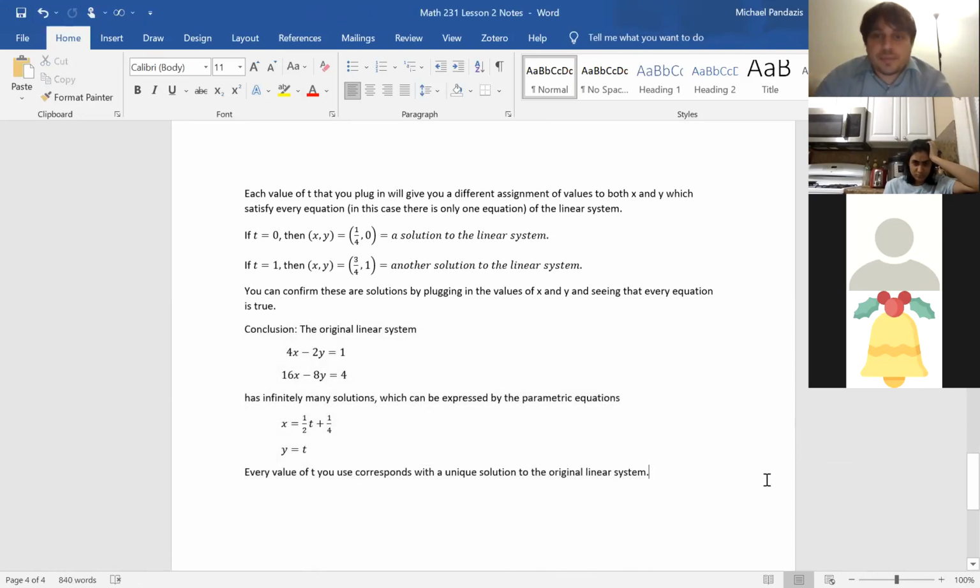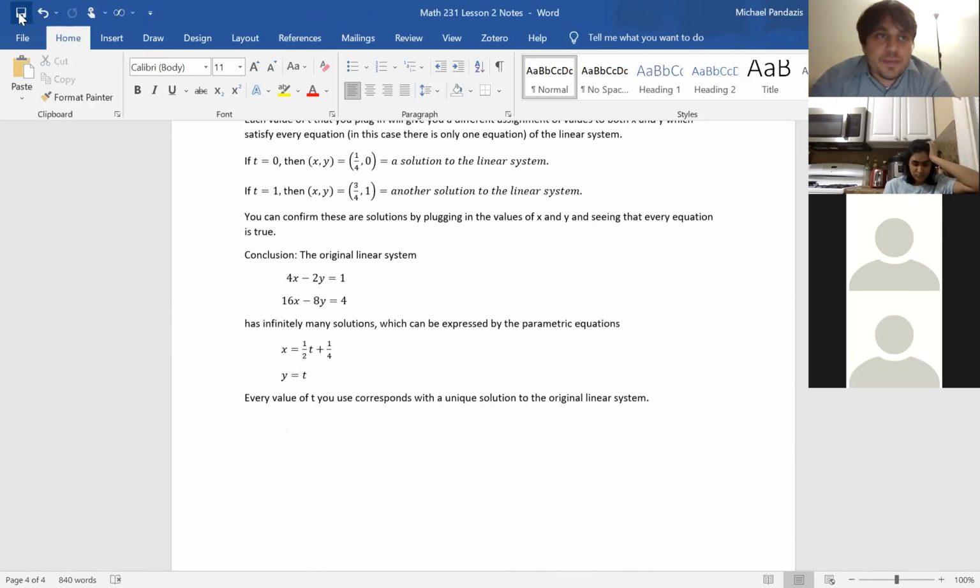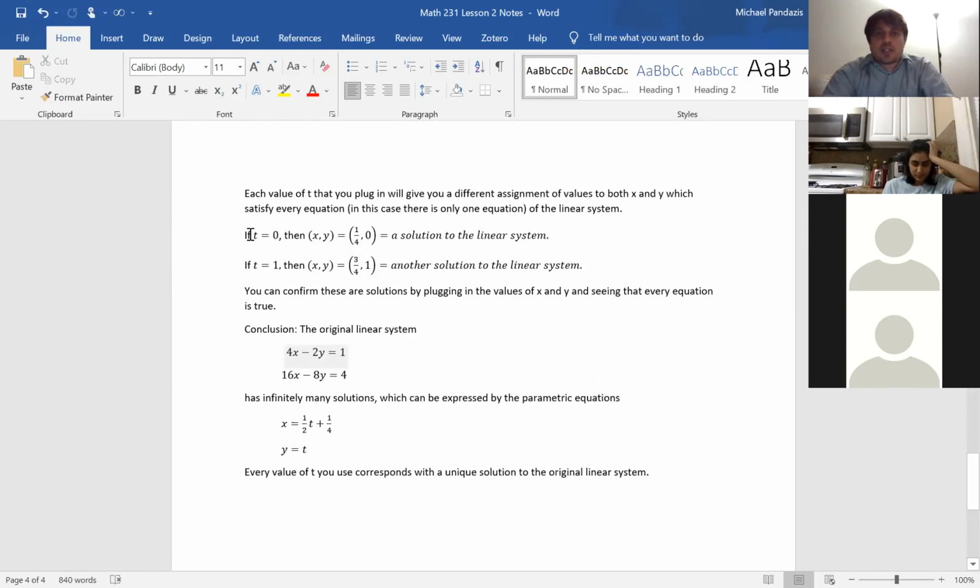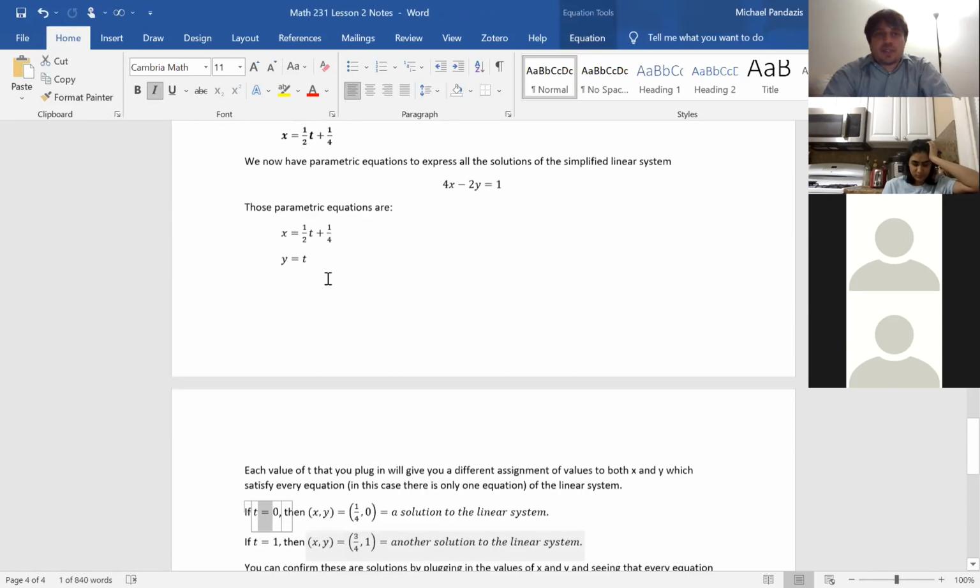Okay. Professor, I have a question. Sure. So are 0 and 1 for t arbitrarily chosen? Yeah, I could have chosen t equals 5,000, but I didn't. But to illustrate an example of a solution using 5,000 instead of 0 would be silly, right? So I chose an easy number just so that you could see it easier.